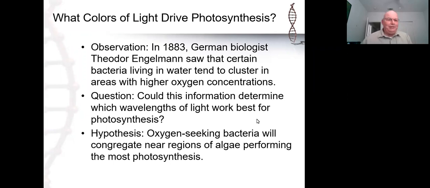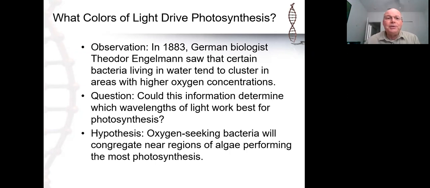But before we get to talking about just how that is, let's take a look at the wavelengths of light that are actually driving photosynthesis, because that's pretty old knowledge. It goes back to 1883, in fact, and a German biologist by the name of Theodor Engelmann.